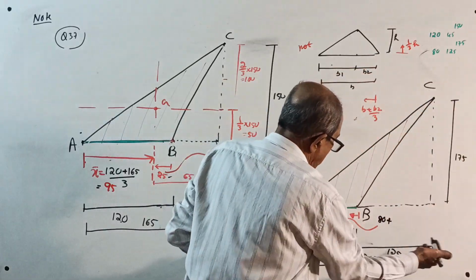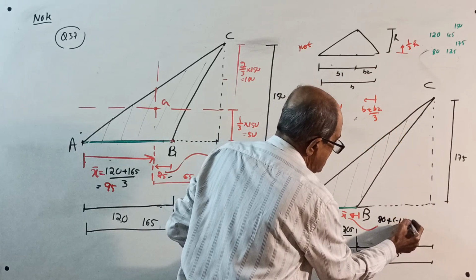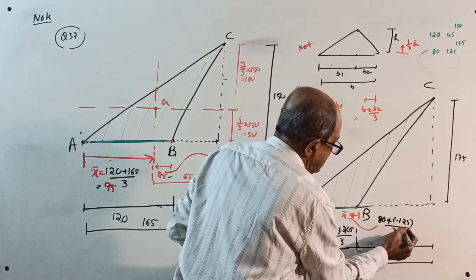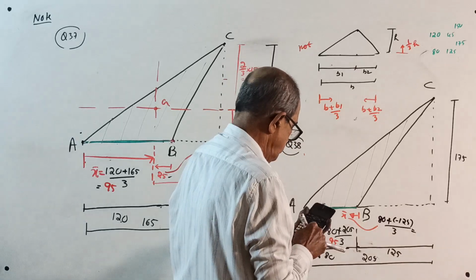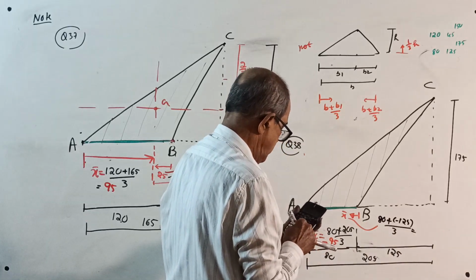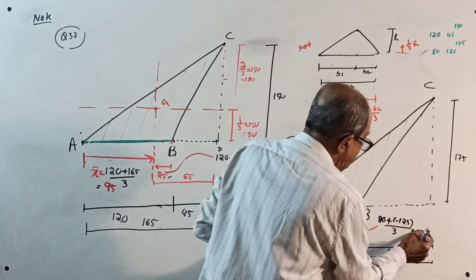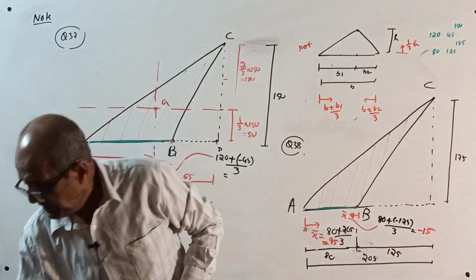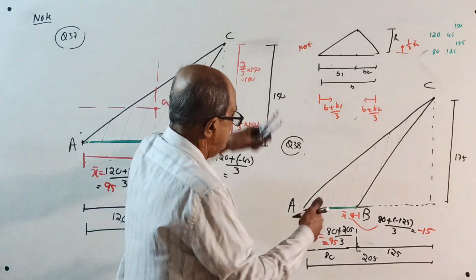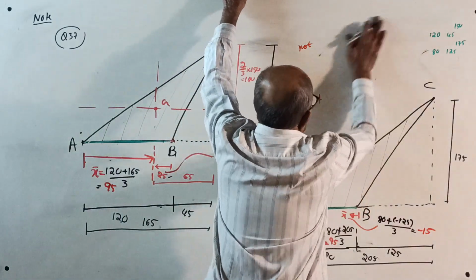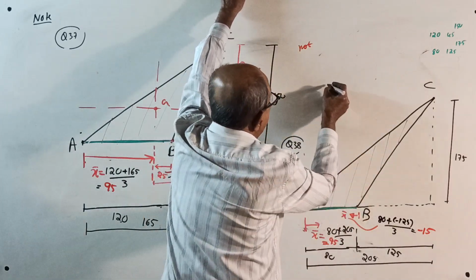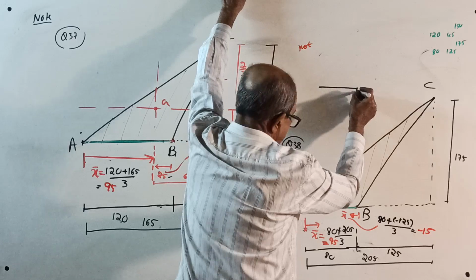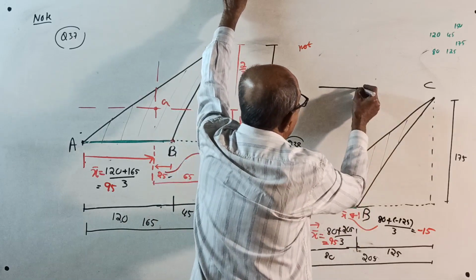So it is minus 125 divided by 3. So 80 minus 125 divided by 3 is minus 15. Minus 15.